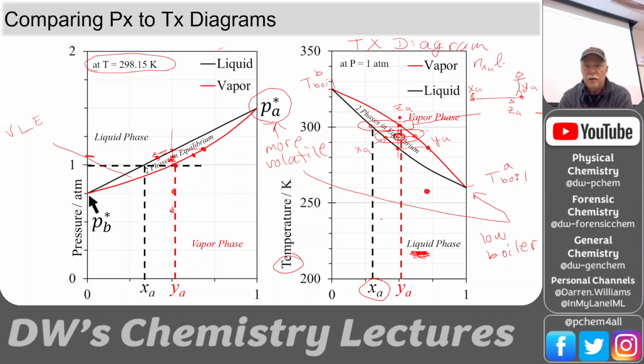So n_A times length A, or let's call them 1 and 2. Okay, so we've got number of moles 1 times length 1 is equal to number of moles 2 times length 2.